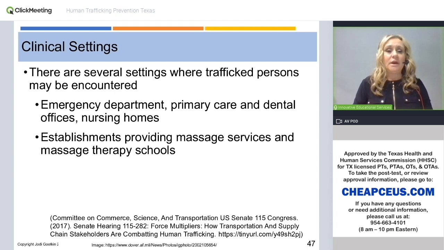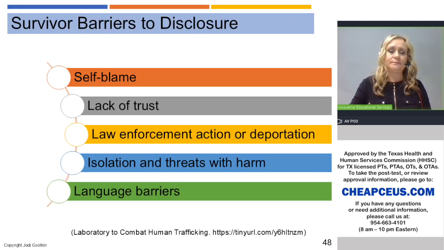We're considering, when we're looking at who might be a victim, the patient we're actually treating, the individual who might be accompanying the patient, coworkers, service providers, vendors. We really need to have our eyes open everywhere to spot potential victims of human trafficking.